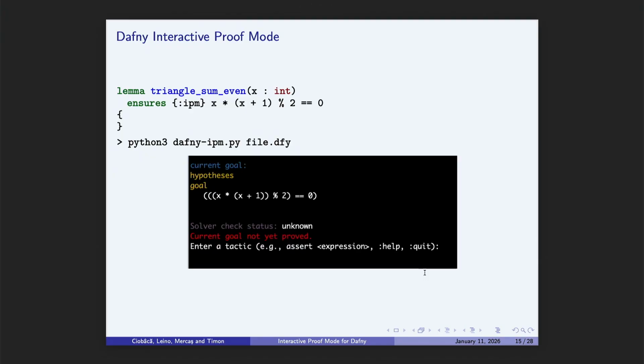When the proof mode starts, it presents us with what is known, the hypothesis, currently nothing, and what is the goal that we should meet. And it expects us to enter a tactic that helps create the proof.